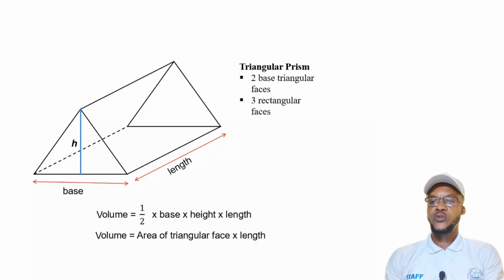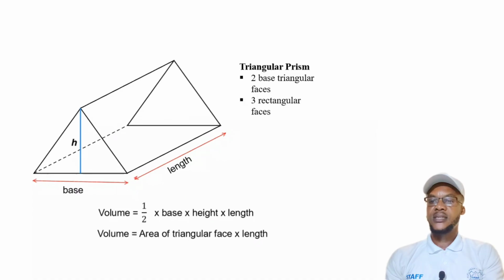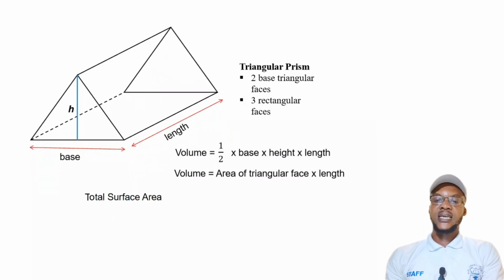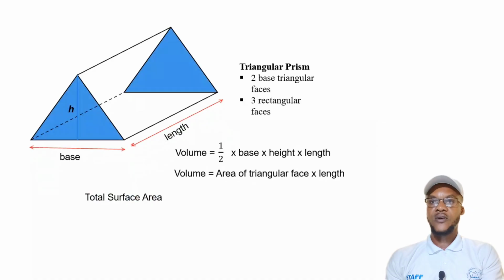Now let's look at the total surface area of a triangular prism. For the total surface area, we have two of the bases. You have to find the area of each of them, because they are identical, they are the same.